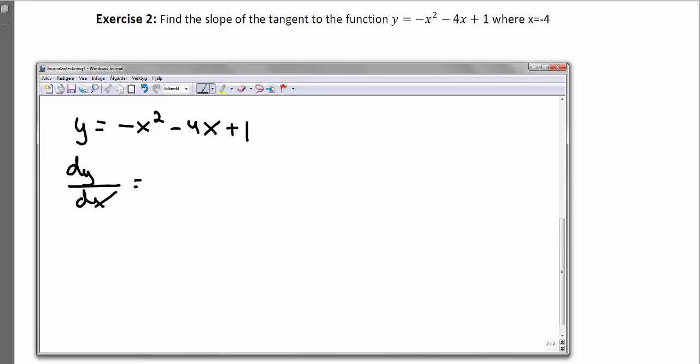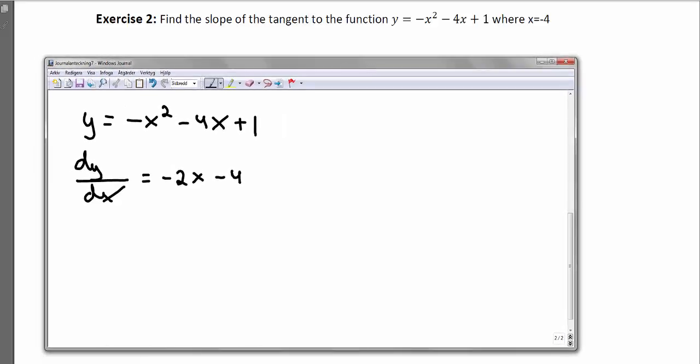Dy dx is equal to, the 2 goes in front, it really says minus 1 times x squared here, but we don't write it out. So it's 2 times minus 1, we do it right away, minus 2x, and then to the power of 1. It's not necessary to write it out, so we're just going to leave it like that, and then the derivative of minus 4x is minus 4, and this is going to be nothing.